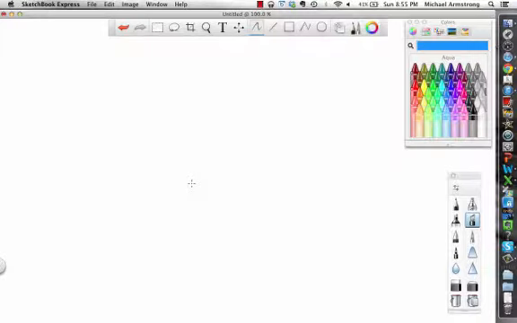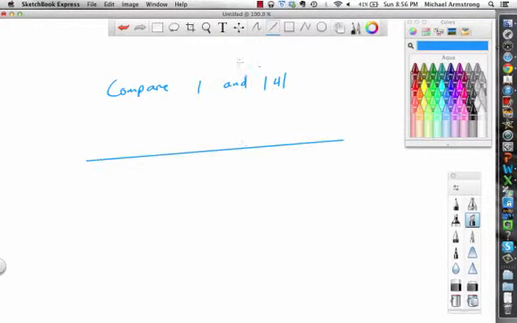Comparing absolute value. They want you to compare, so which is bigger? 1 and absolute value of 4. Okay, that just means writing a number line out. So you've got 0, 1, 2, 3, 4, and you have the number 1 here, and the absolute value of 4.